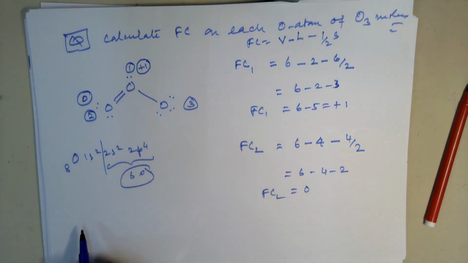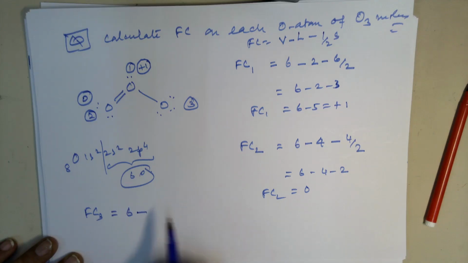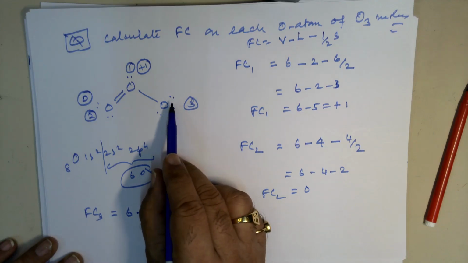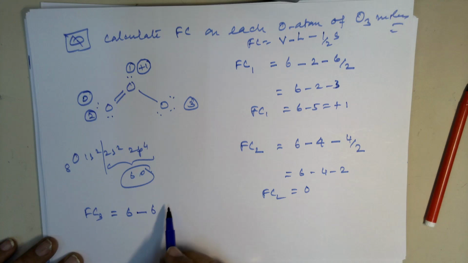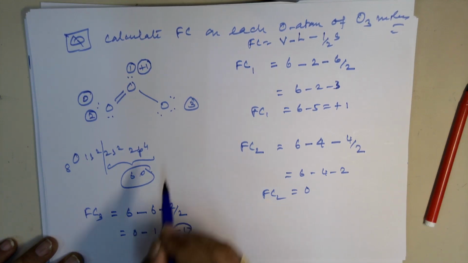Now let us check the third one. Tell me the FC. 6 minus how much? 6 then minus 2 by 2. So it means 0 minus 1. That is minus 1. So you are able to get the minus.